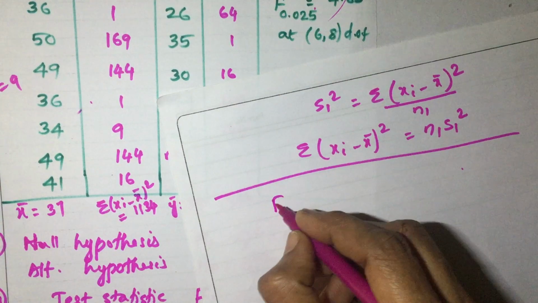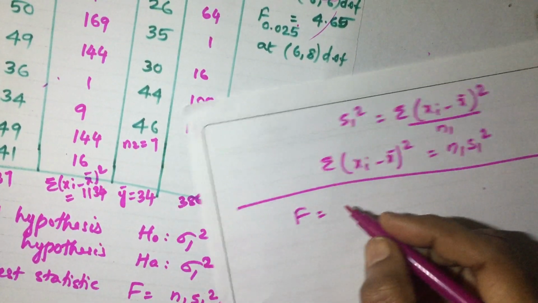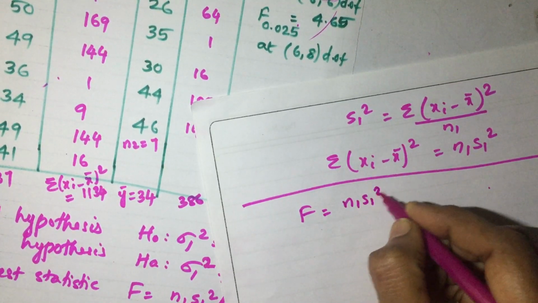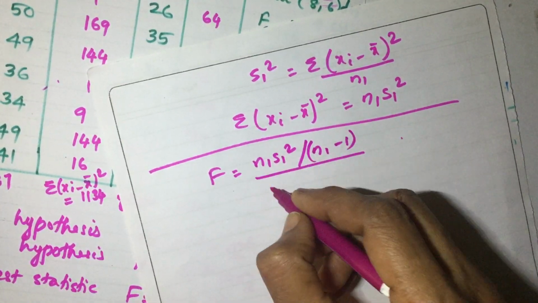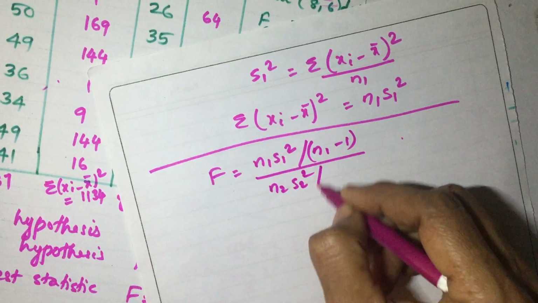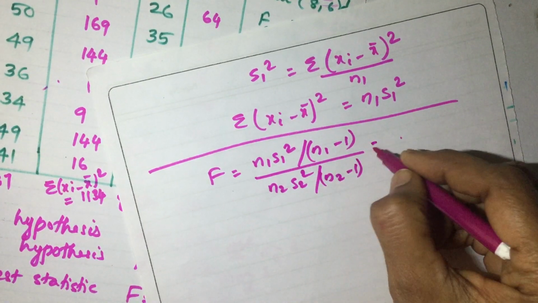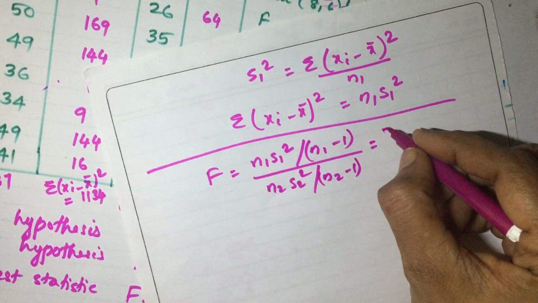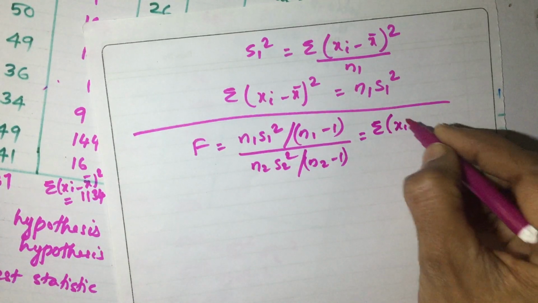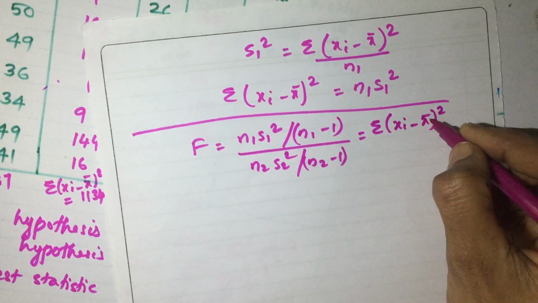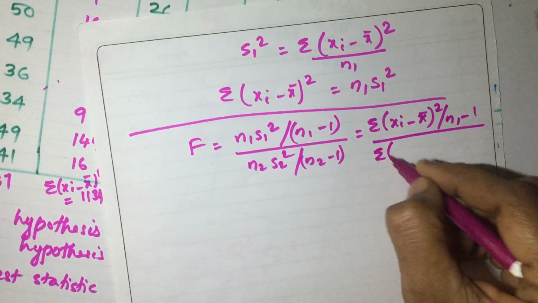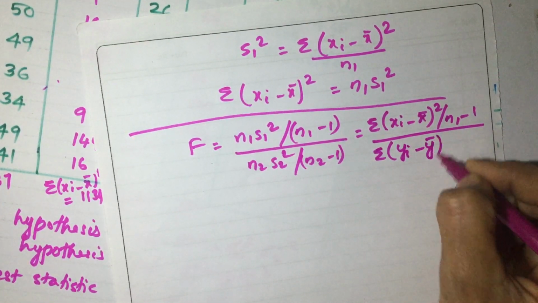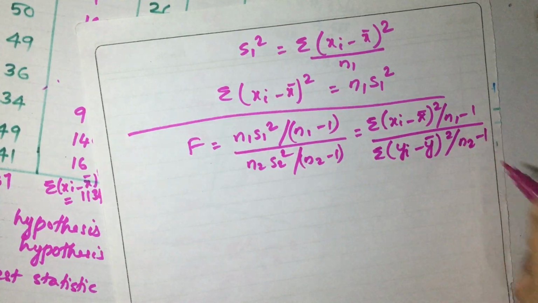So F is equal to n1 s1 square by n1 minus 1 upon n2 s2 square by n2 minus 1. So instead of n1 s1 square, I will write here summation of xi minus x bar the whole square divided by n1 minus 1, and here summation of yi minus y bar the whole square divided by n2 minus 1.